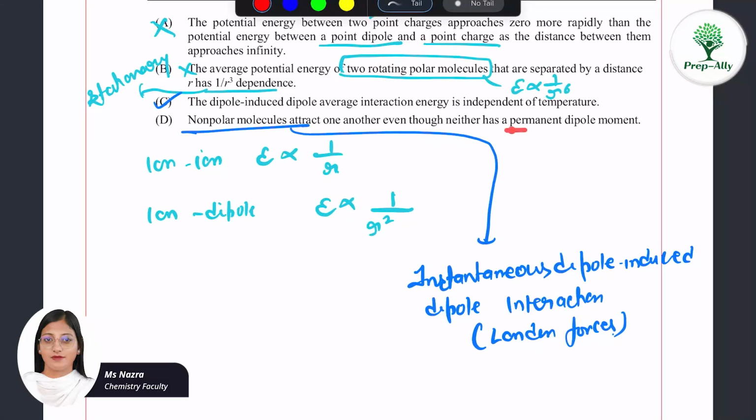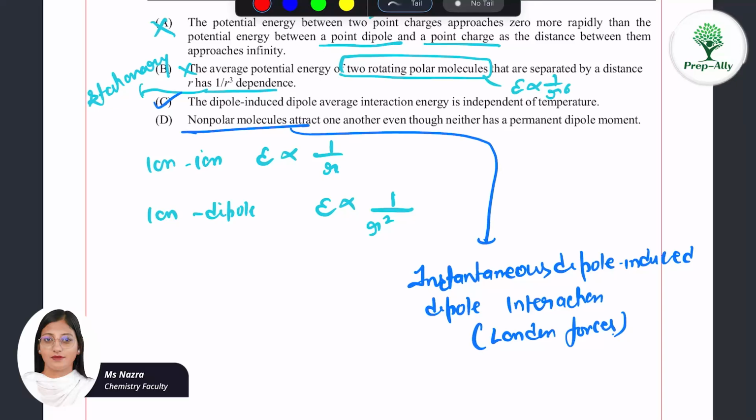Even though they don't have a permanent dipole, still they attract because instantaneously they result in the creation of a dipole between two different molecules. The one will attract another, it will create a dipole. It's not permanent, it's very weakly attracted, not strongly.